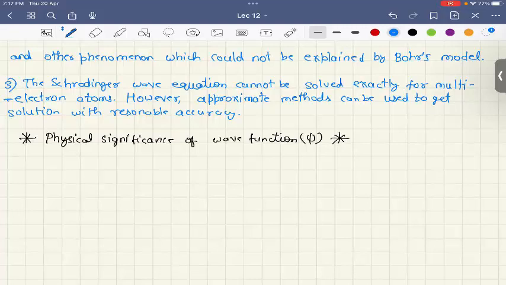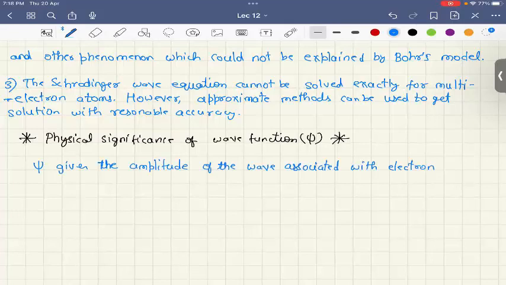We know that in the case of a light wave, the square of the amplitude of the wave at a point is proportional to the intensity of light. So psi basically gives the amplitude of the wave associated with the electron, and the square of the amplitude at that point is proportional to the intensity of light.